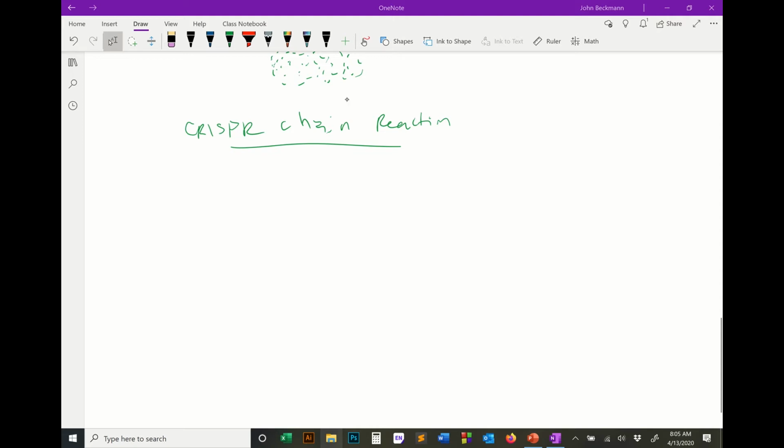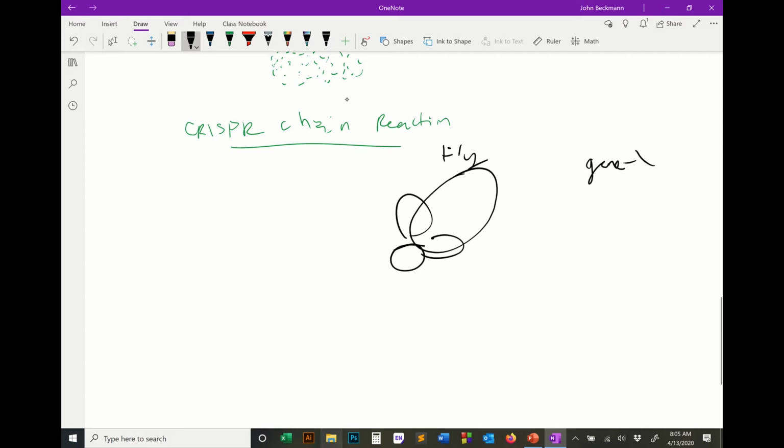Okay, so imagine now we're in a fly. And the fly is just a model for any insect. You can imagine that we're in any insect, but let's say we're in a fly. And let's say we are targeting gene X, and we want to drive a very specific modified gene X, where we have some kind of modification, which changes gene X to do something that we want, okay?